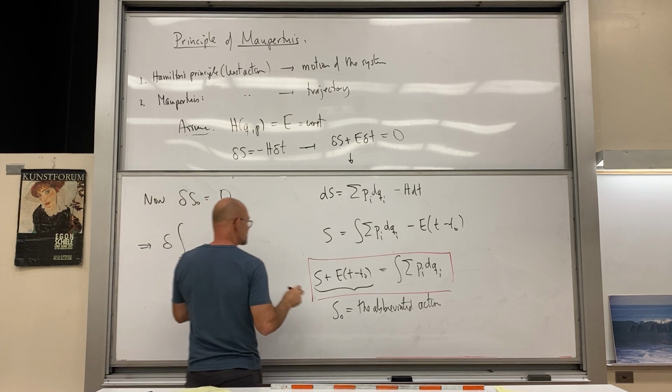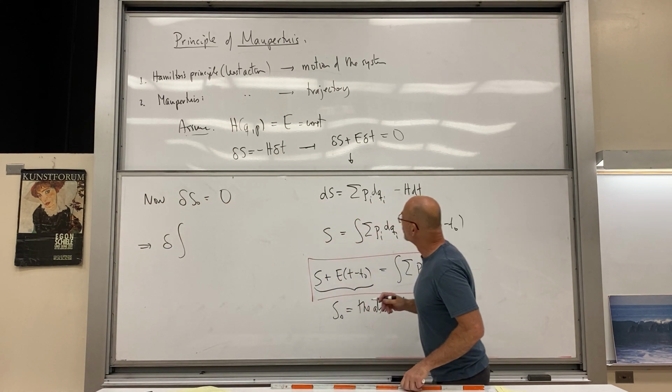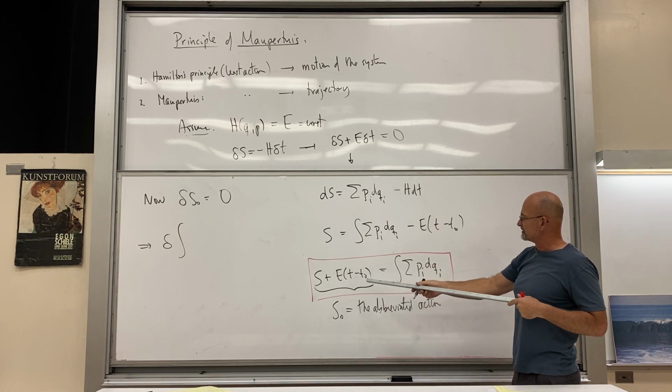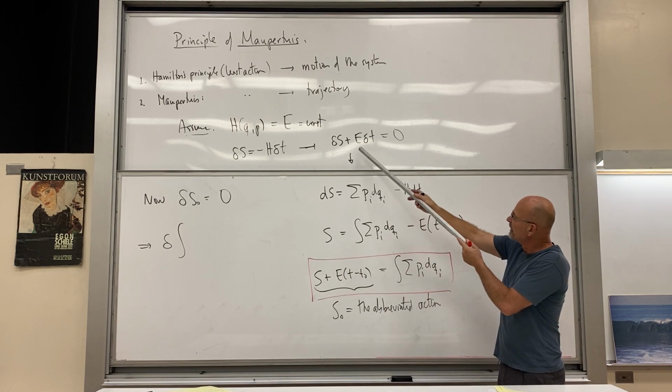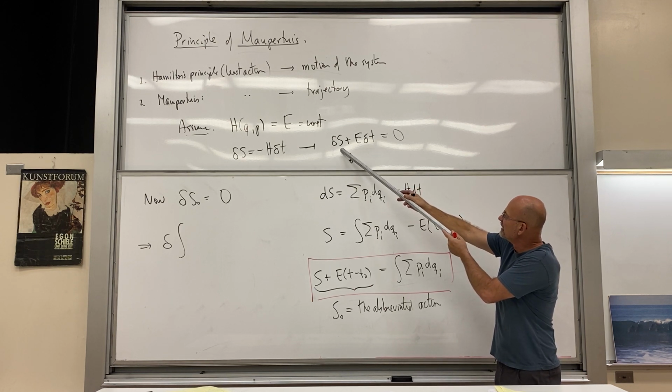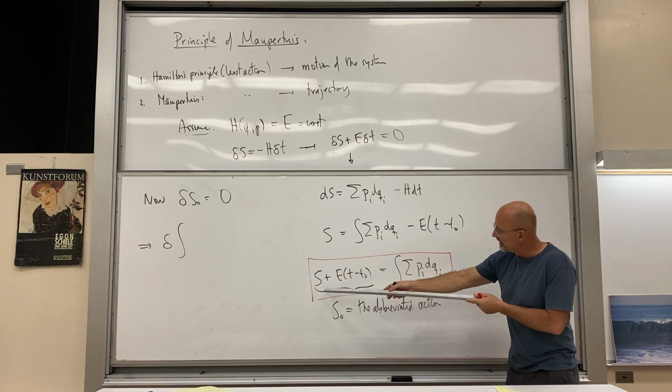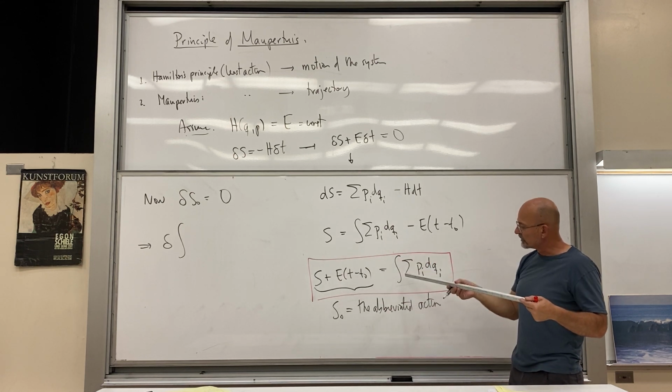The variation of S0 equals 0, because we have this right here: dS is minus E dt, so dS minus E dt plus E dt equals 0.